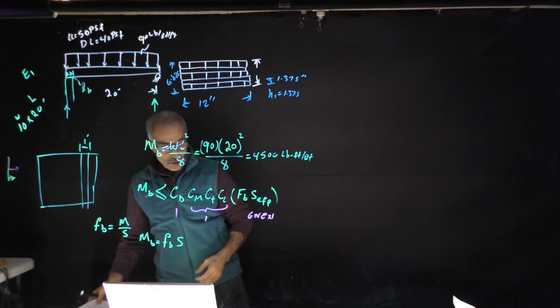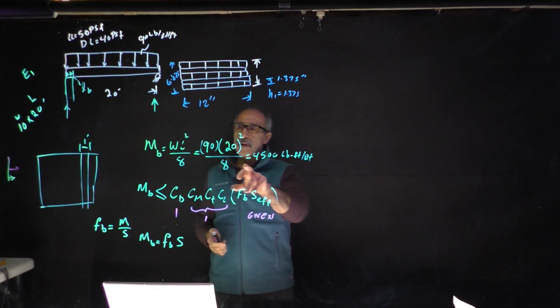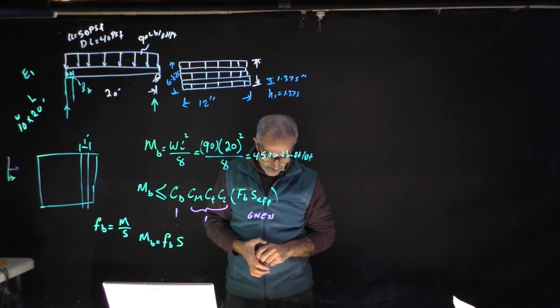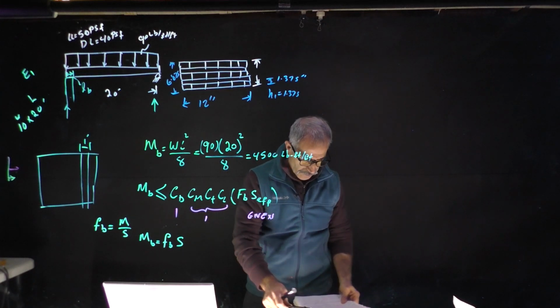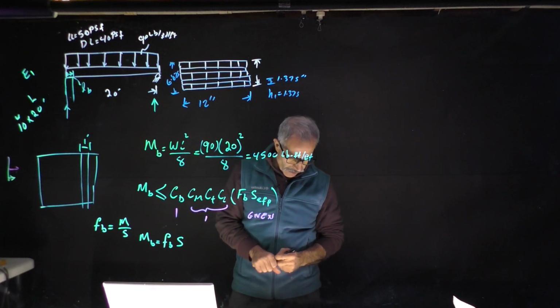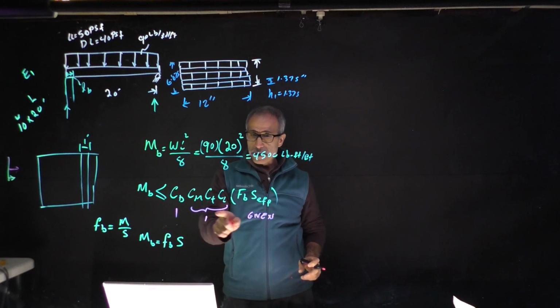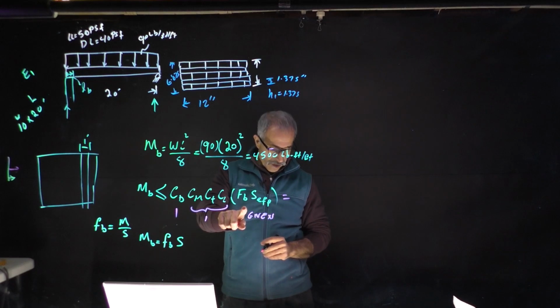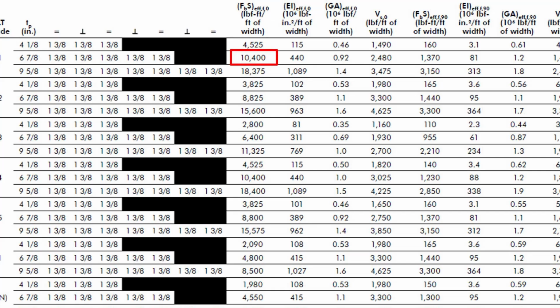We'll continue with our problem. So now we have our bending moment for this load comes out to 4,500, and therefore we can go ahead and calculate this right here. This is going to come out to 111, and FB is given by the manufacturer from table A2, and that is 10,400.